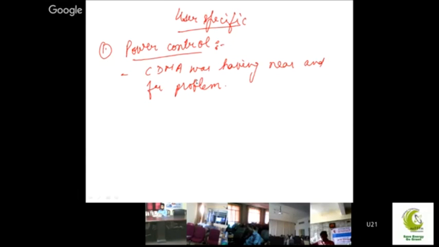Plus, if the user is standing very far from the BTS, but still in the range of the BTS, the user still had the problem that it could not get the signal from the BTS, and there were many call drops. So CDMA had the near and far problem.